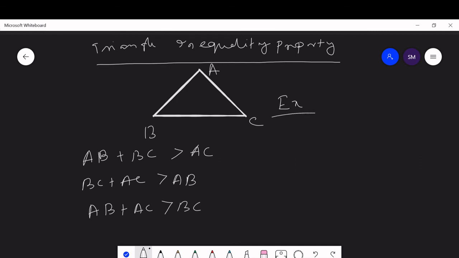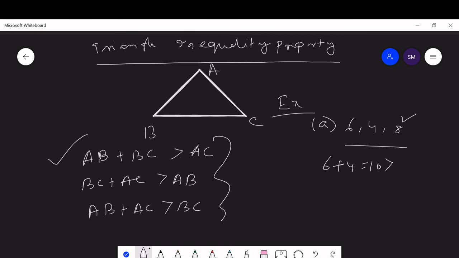Suppose three measures are given: 6, 4, 8. Do these measures form a triangle? According to the triangle inequality property, the sum of two sides is always greater than the third side. This must be satisfied for making a triangle. Here 6 plus 4 is equal to 10, which is greater than the third side 8.